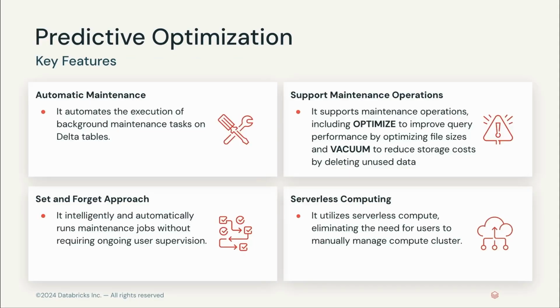Predictive optimization has these features: automatic maintenance, right? You don't have to worry about your optimization anymore. There's automation that executes in the background maintenance tasks that you used to have to worry about. And again, only on Delta tables. It supports maintenance operations, things like OPTIMIZE and VACUUM.